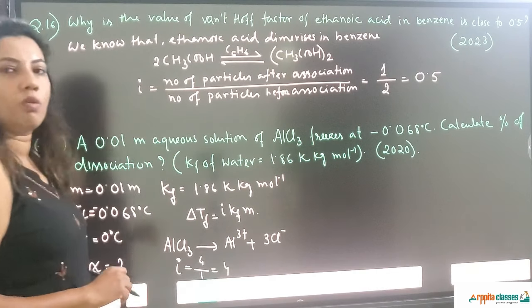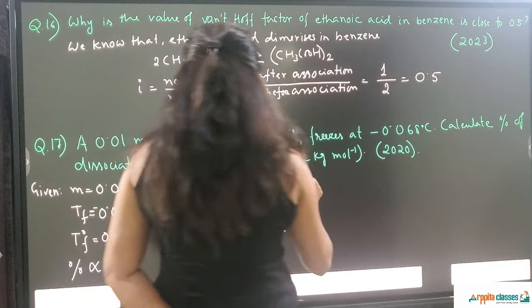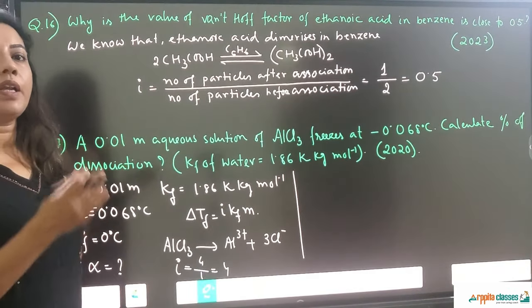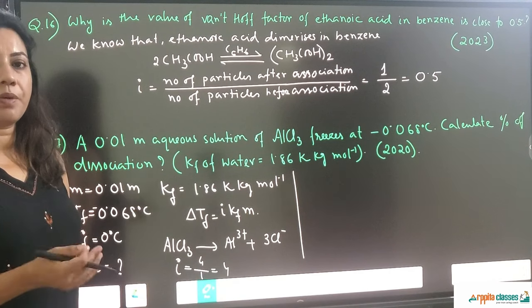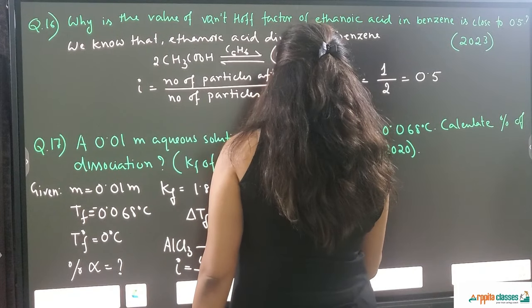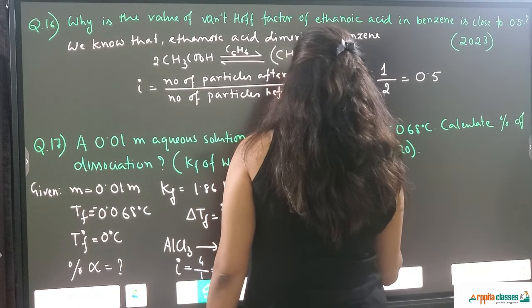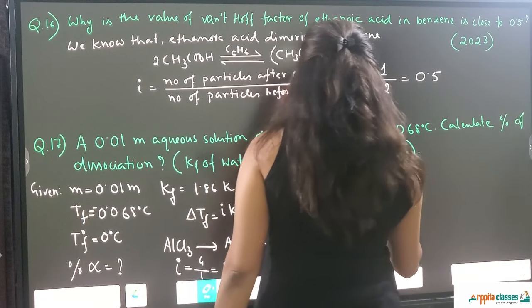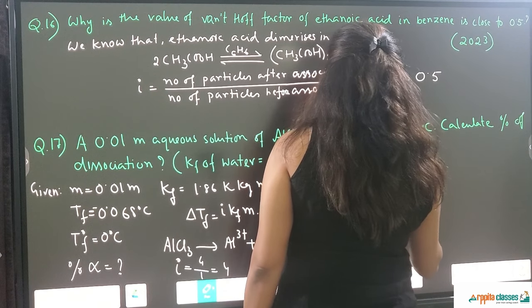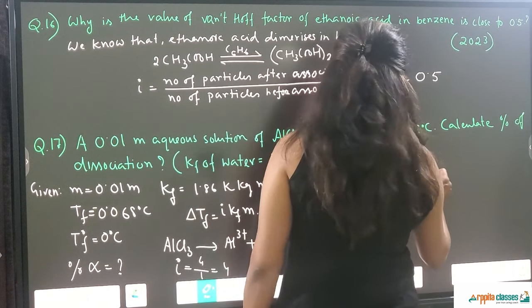So i is equal to 4 we are getting. Now delta Tf is freezing point depression, that means the solution's freezing point gets depressed. So delta Tf is equal to T naught f minus Tf. That is equal to i into Kf, that is 1.86 into 0.01.